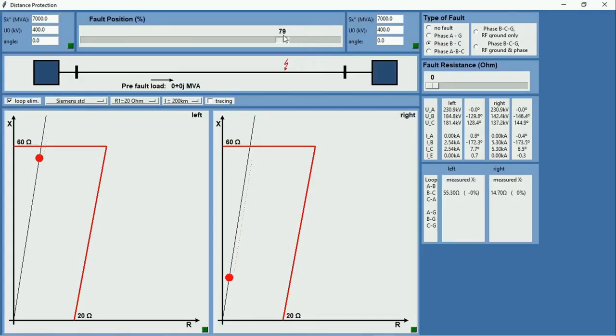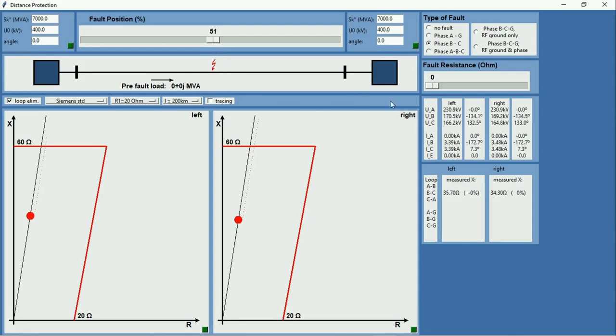And the same problem of course occurs also from the other side. If the fault is very near the left side, between 0 and 15% of the line, then the right side will not see the fault and will not trip fast. That means only in the center part from 15 to 85%, both relays will trip the fault.